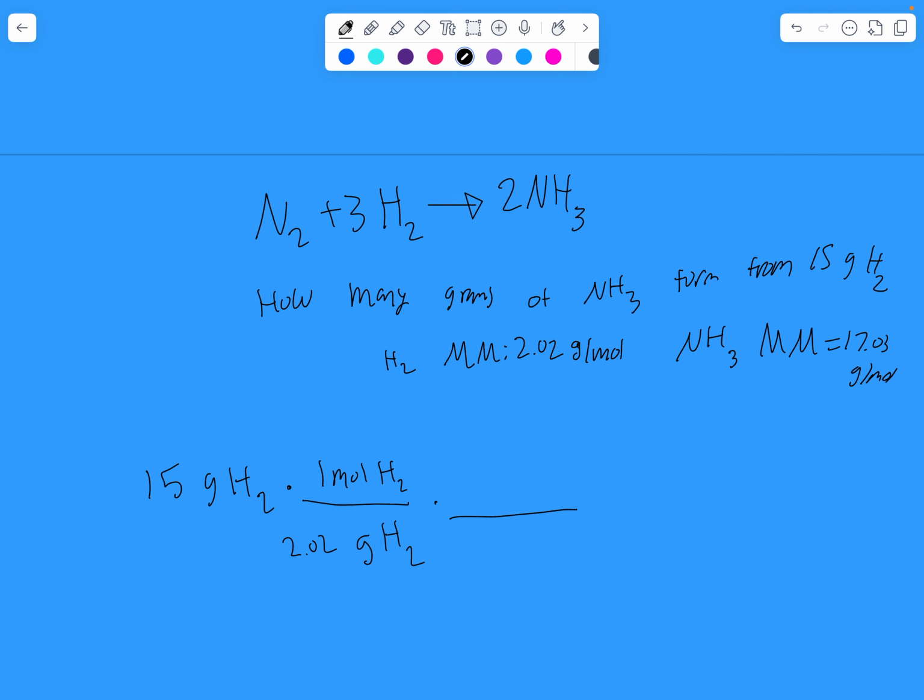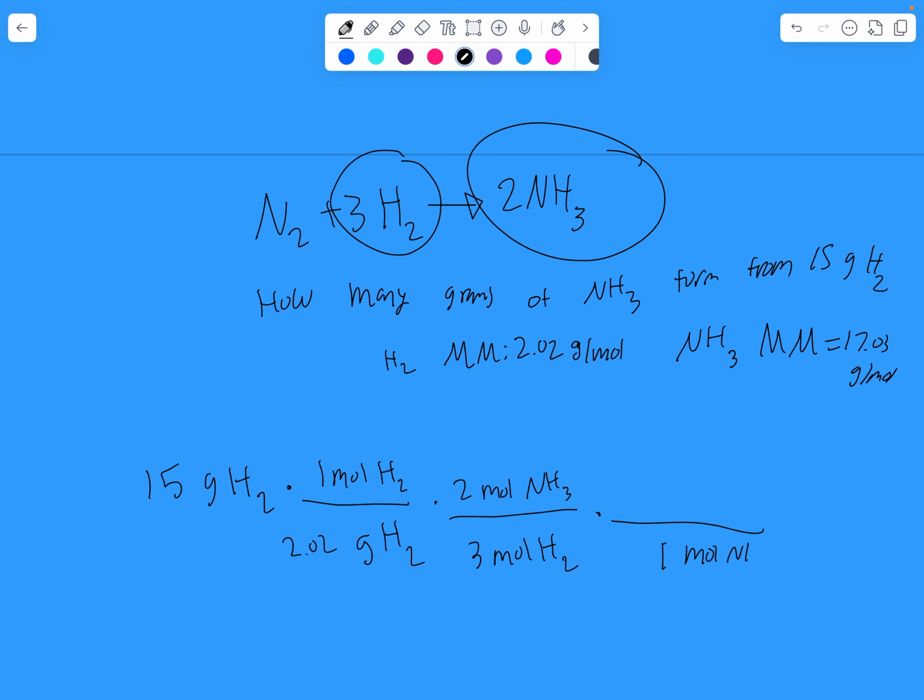Now, I'm looking at this, and I know that there are 3 moles of H2 for every 2 moles of NH3. And for every 1 mole of NH3, I have 17.03 grams.